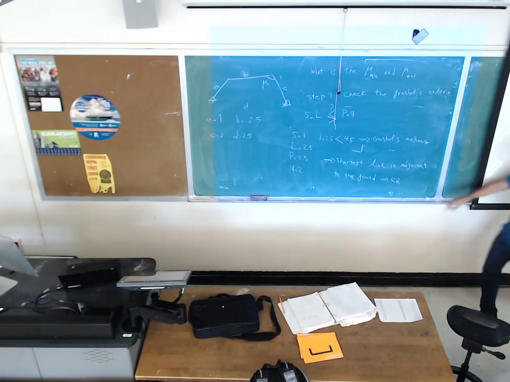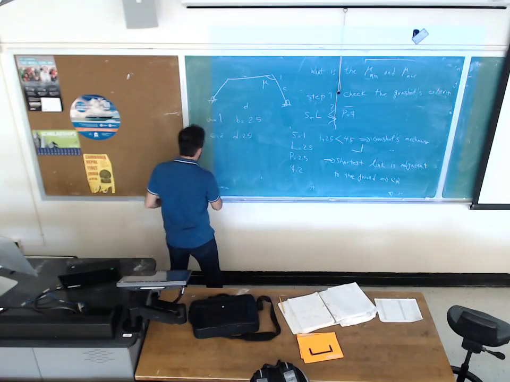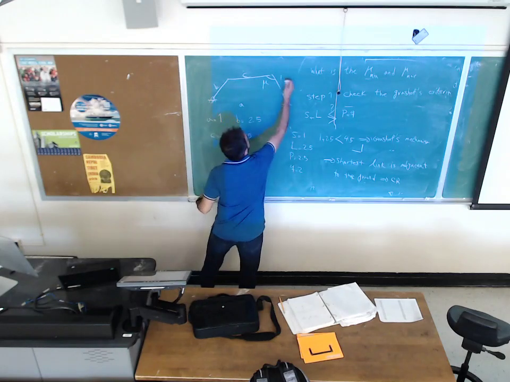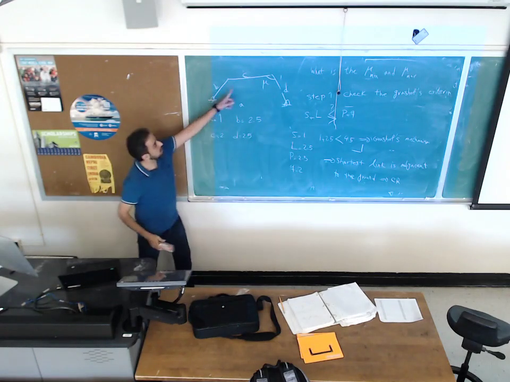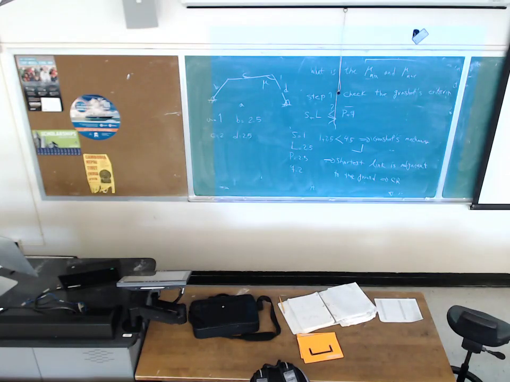So if I change the labeling, say A, B, C, D, here you should replace B by C and D by C, and A is going to be D, and D is going to be A. This is what I'm saying.